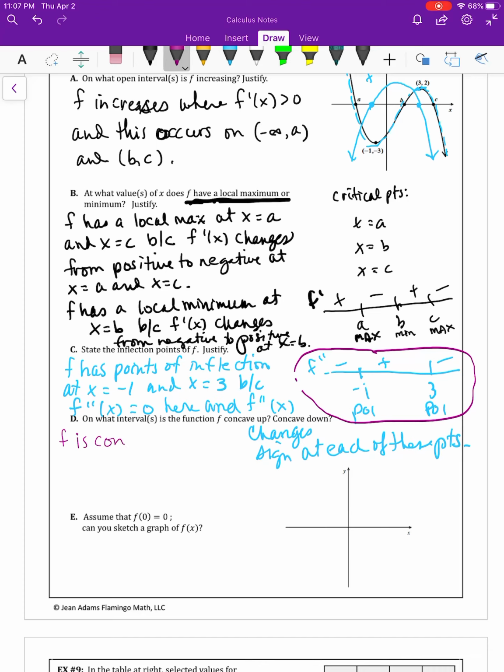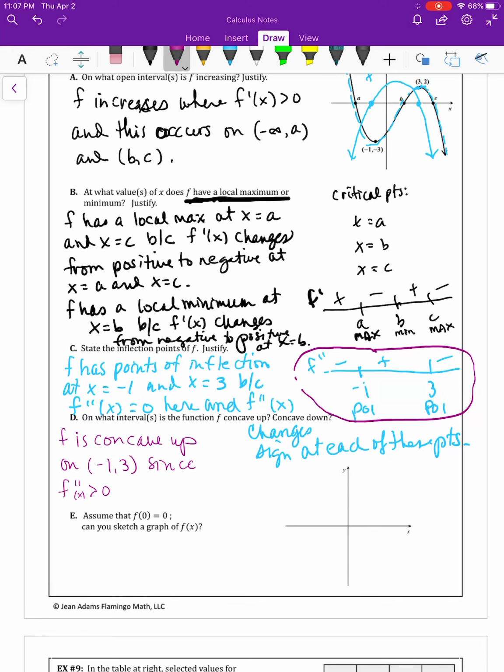So we're going to say that f is concave up on (-1, 3), since f double prime of x is greater than 0 on that interval.